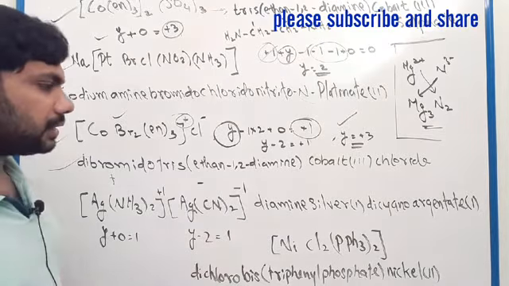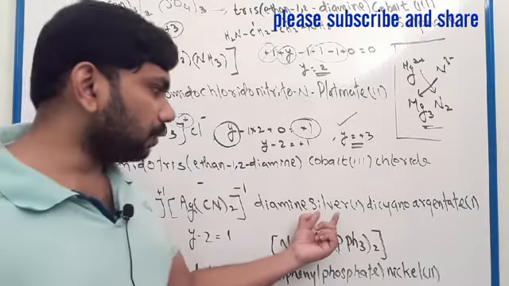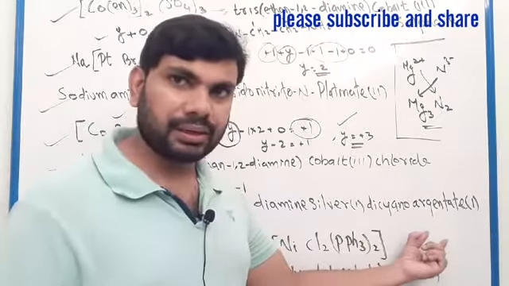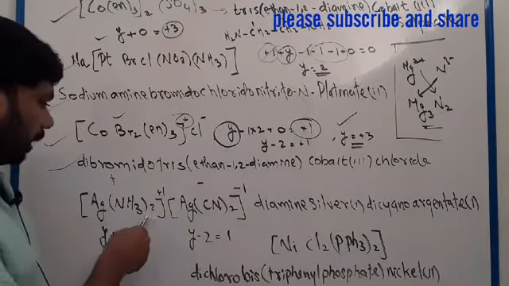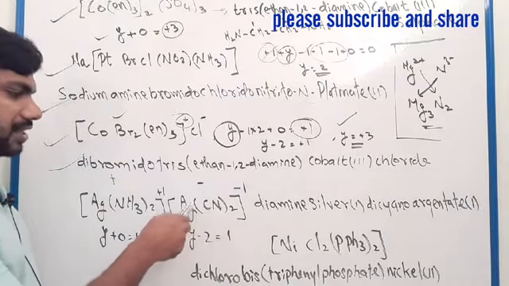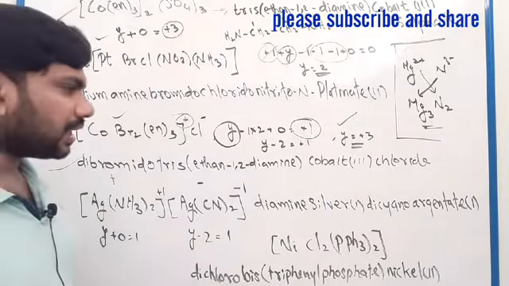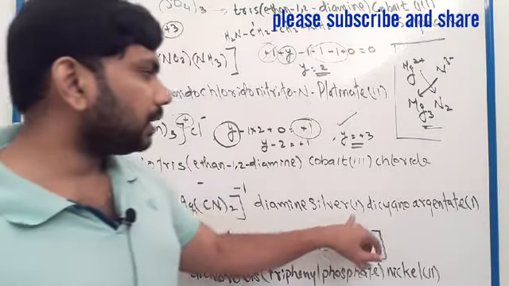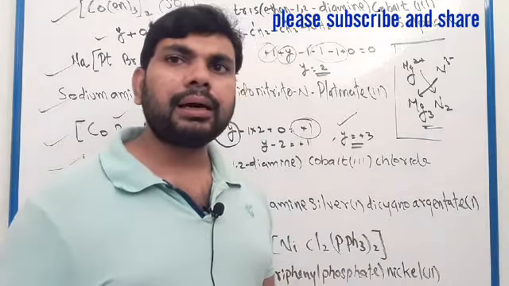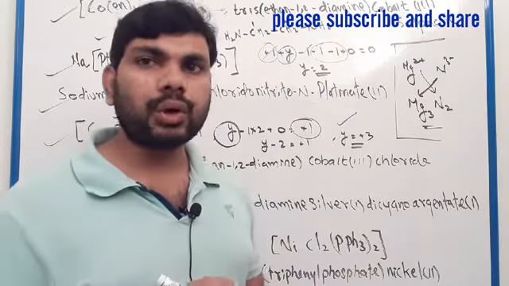Its name comes like this: diamine silver, dicyano argentate. Clear? Now let us check here. Here silver 1, here also argentate 1. In both cases we get a plus 1 oxidation state.